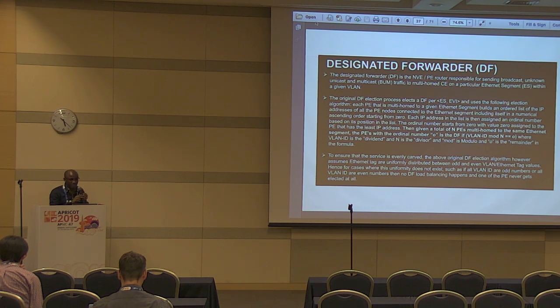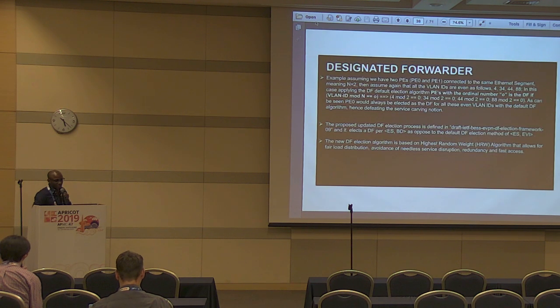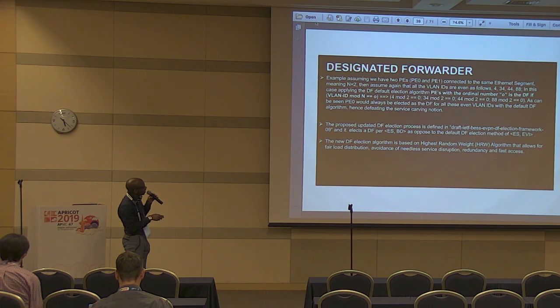So I've tried to do some math, plugging some values into the formula. Say I have two PEs, PE 0 and PE 1, and all my VLAN IDs are even numbers. So I've got 434, 44, 88.